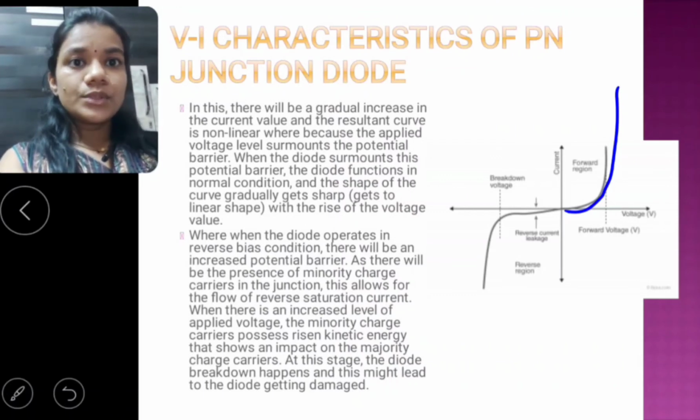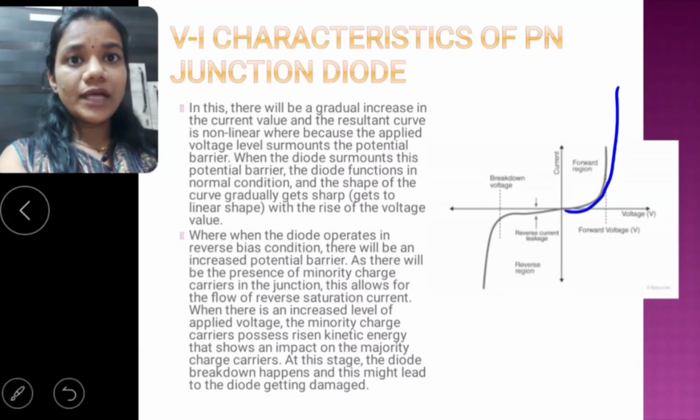Next, when your diode operates in reverse bias condition, there will be an increased potential barrier.